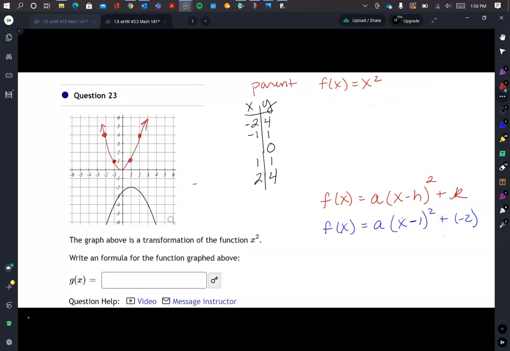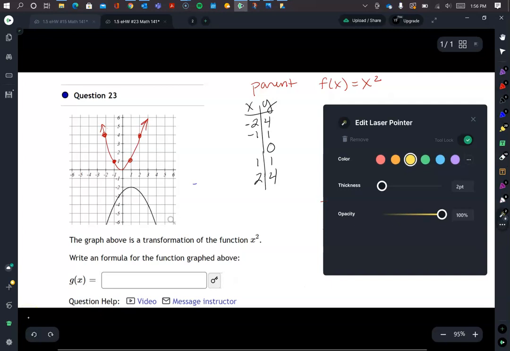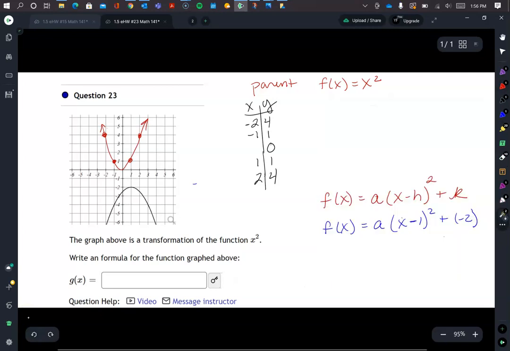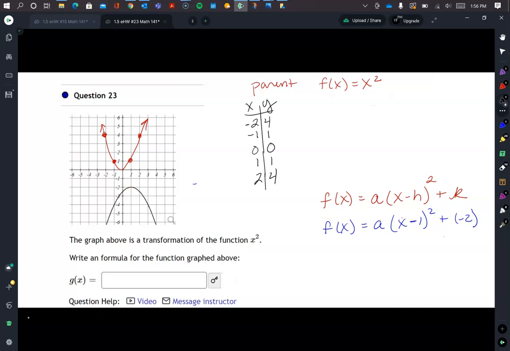I can also see that I've shifted downward 2 units. My vertex was originally 0, 0, and now it's at 1, -2. So I know I had a vertical shift down of -2.